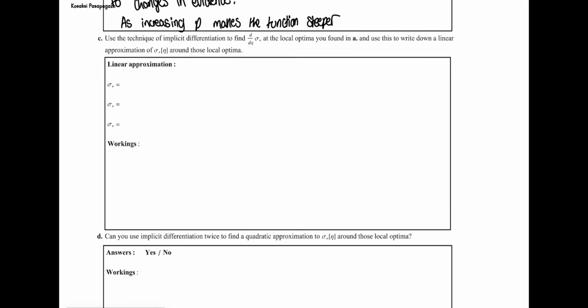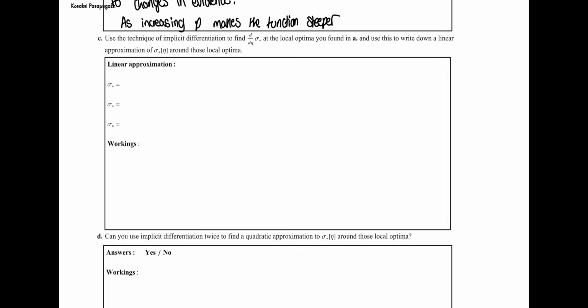Using the technique of implicit differentiation, find the derivative of the optimal values of sigma with respect to eta at the local optimum you found in part A, and use this to write down a linear approximation of the optimum values of sigma as a function of eta around those local optima.